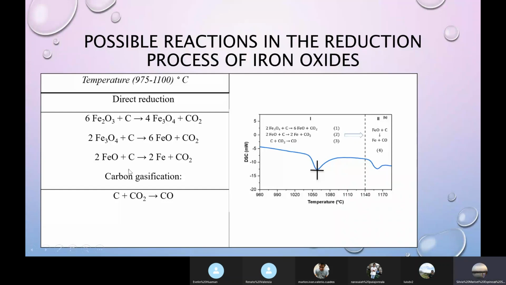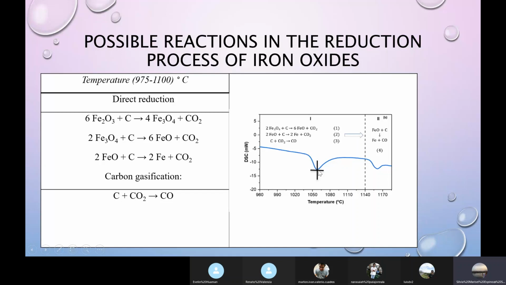Wustite is reduced to iron, and magnetite is reduced to wustite, simultaneously at around 1056 Celsius. In addition, during the reduction process, gasification of carbon occurs via the Boudouard reaction, promoting the sudden mass loss.